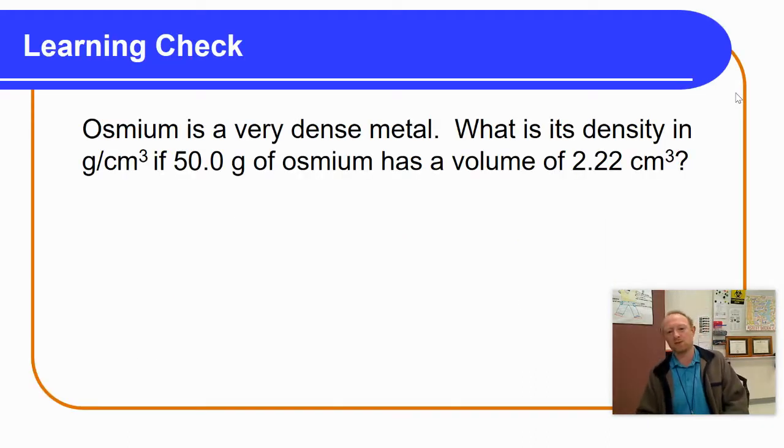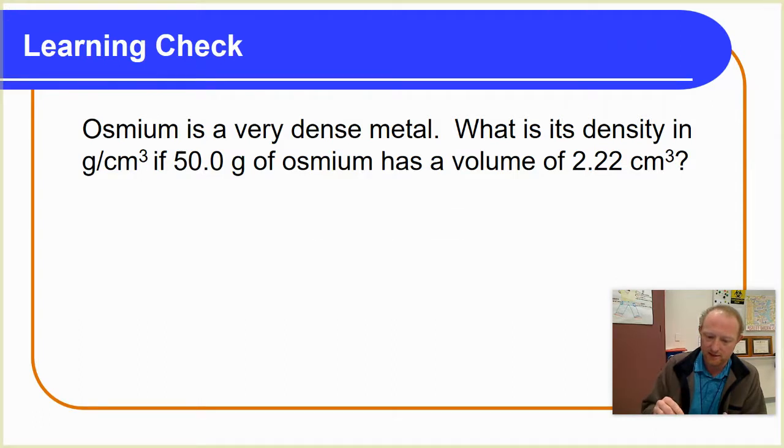So I have three practice questions. Here it says that osmium is a very dense metal. What is the density if the mass is 50 grams? Okay, so our density is mass per volume.